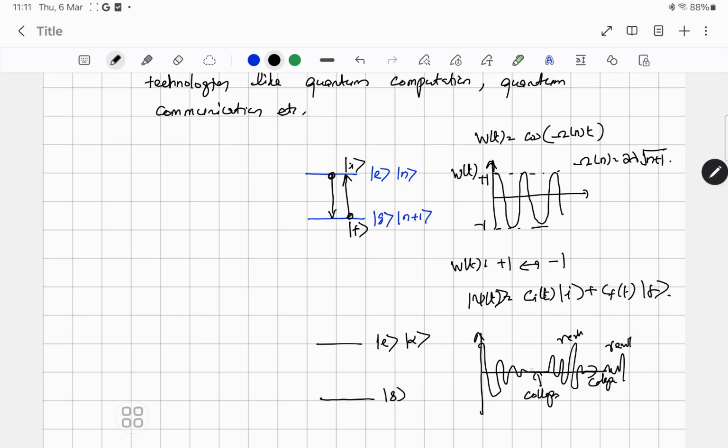So if you are able to increase this collapse time, then the system is in the maximally entangled state for a very long time, and you can use this kind of state for quantum communication purposes, as well as quantum computation purposes, and so on. So this is one of the applications of quantum optics, and it is very useful for the present technologies of this era.